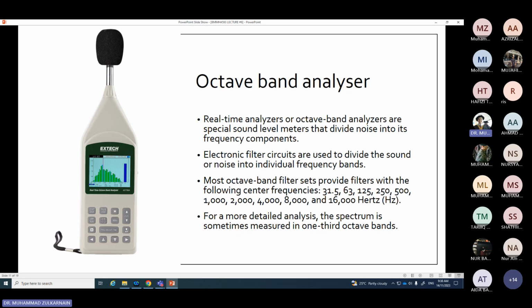Let's say the lower frequency comes from 31 until maybe 63, and within 31 and 63 it is divided into three levels of frequency. We call that the 1/3 octave band. So it is very detailed, not only mentioning the octave itself, but also the number in the 1/3 of the octave.